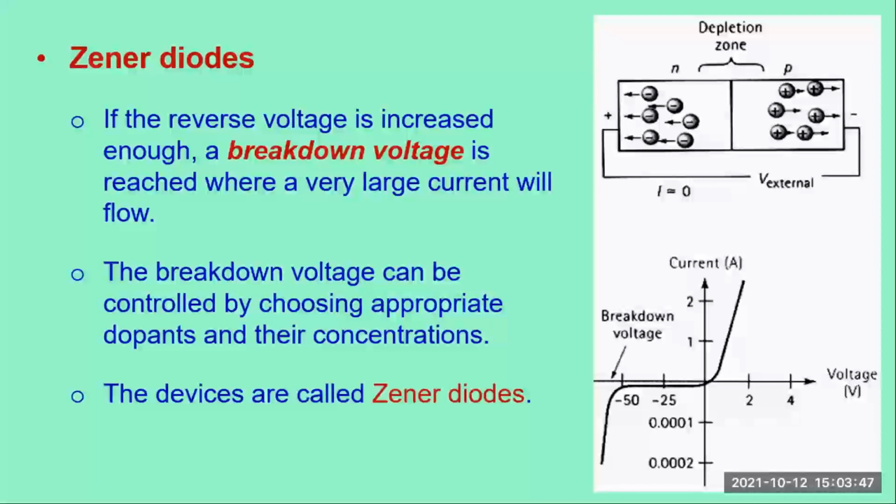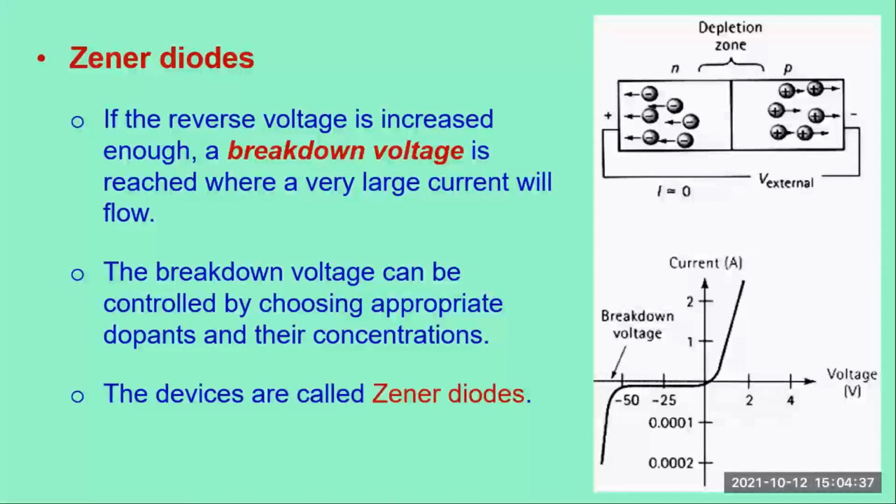Because of this special ability, these Zener diodes are usually used to control voltage in different circuits. Once that threshold is reached, they allow the flow of current, but below that, they act as switches and will not allow the flow of current.